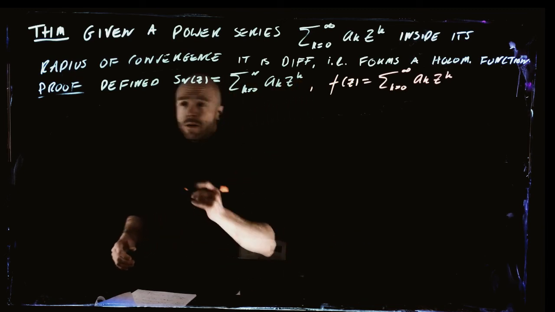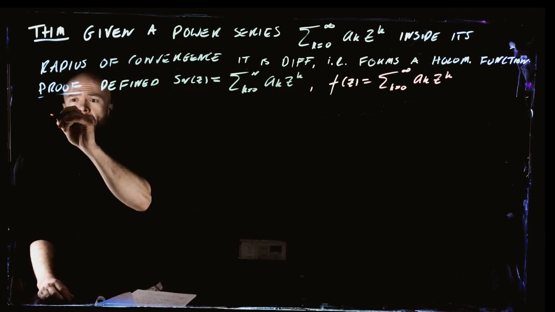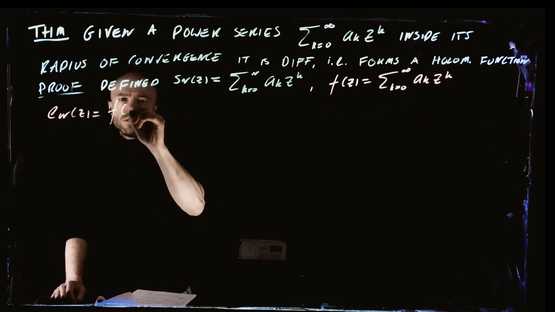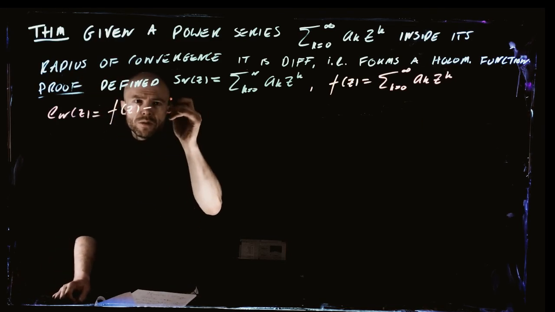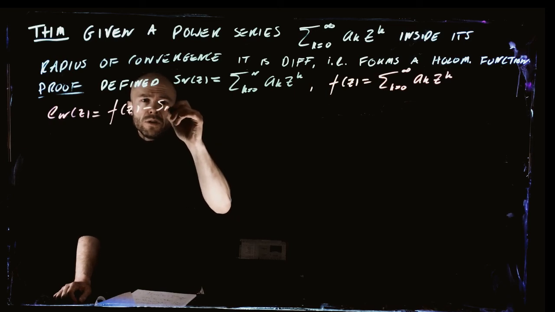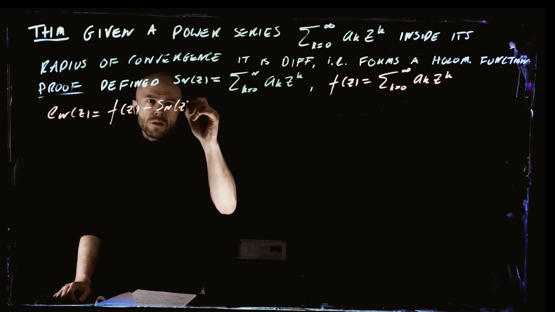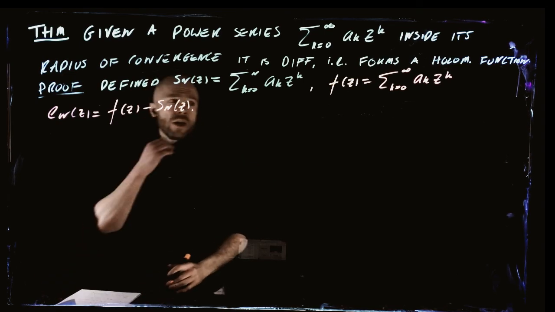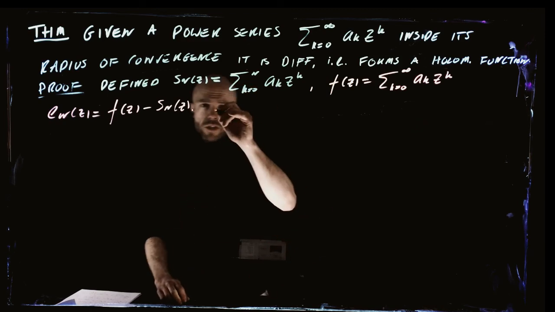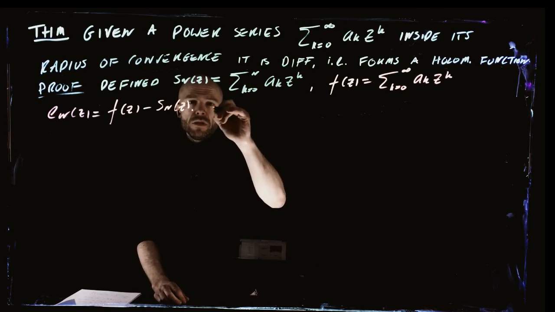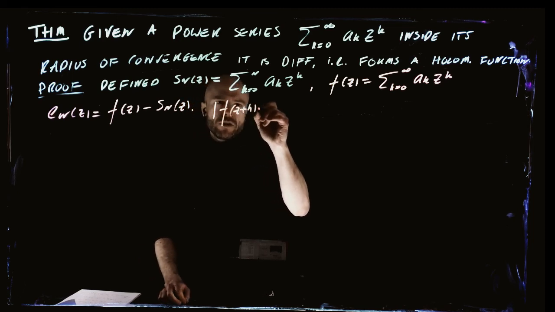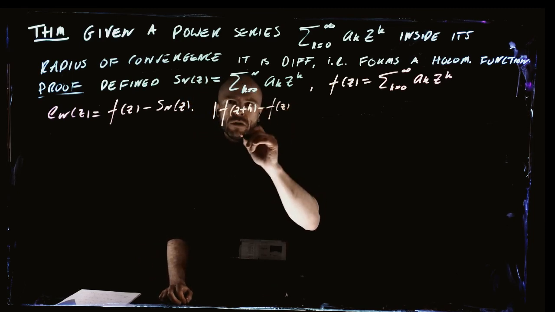We defined the error from the partial sum, which was just the function take away the partial sum, the last terms of the series, like this. And I think that's all that we defined. And then we were considering f(z+h) minus f(z).